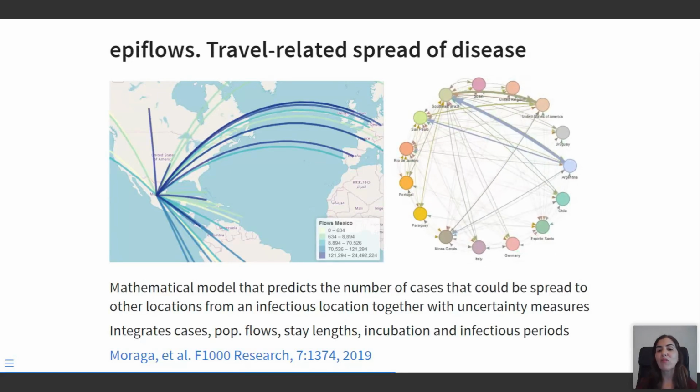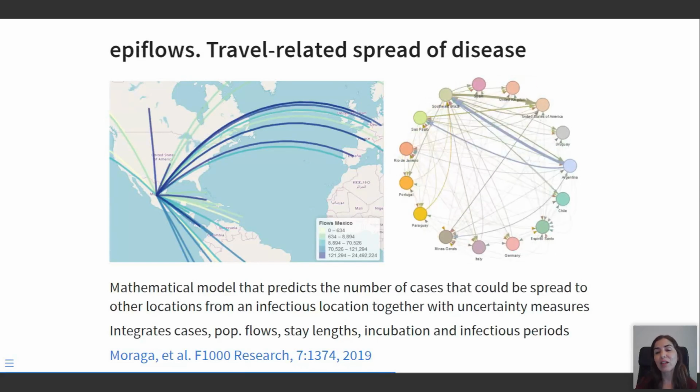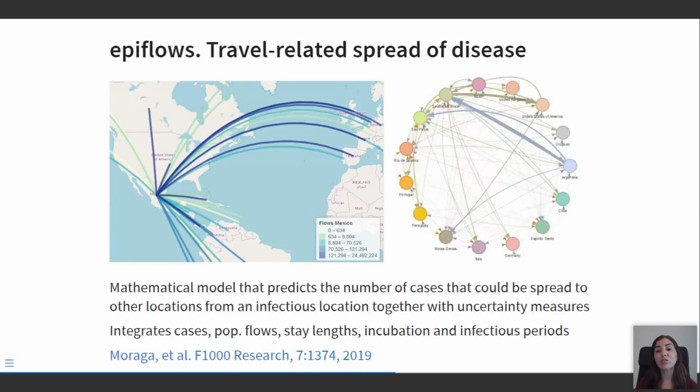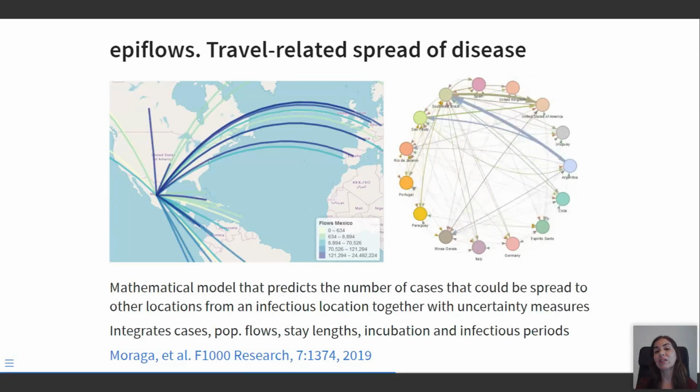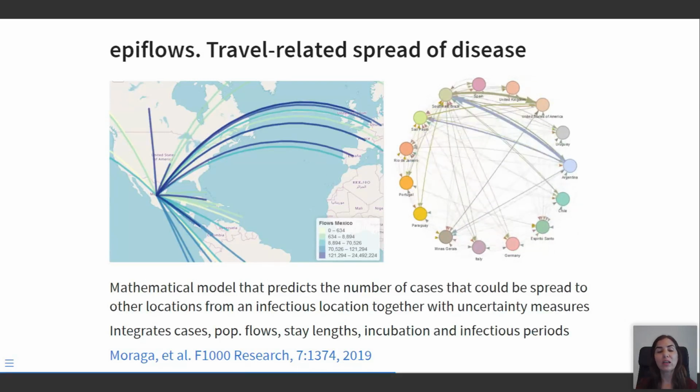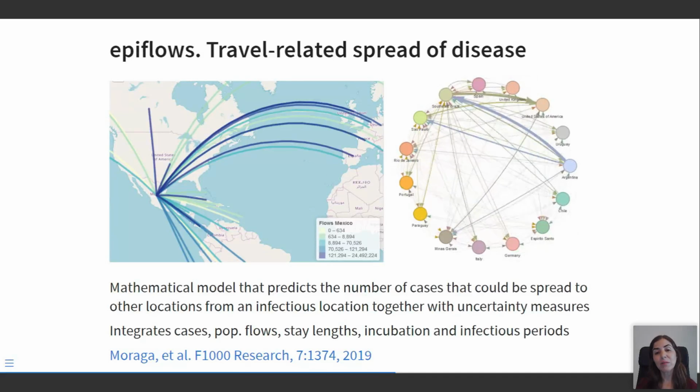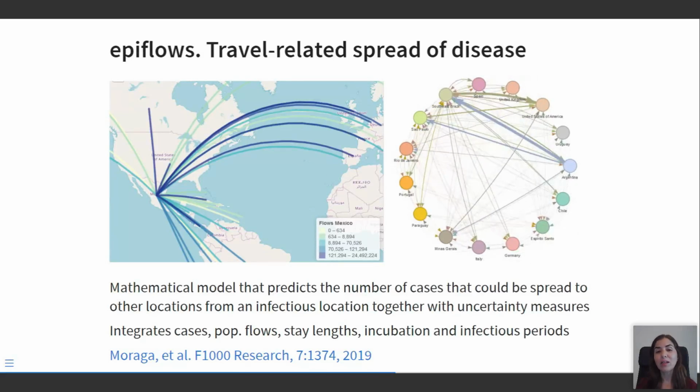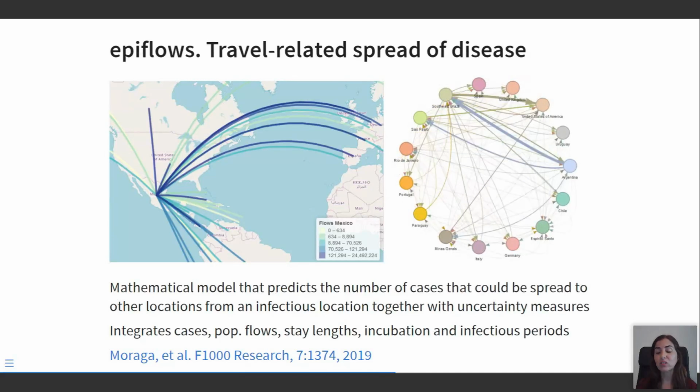People that come to the infectious location for holidays, for example, can get infected, and when they return to their home countries, they can infect people in their home countries. So this package implements a mathematical model that predicts the number of cases that could be spread to other locations from an infectious location together with uncertainty measures.